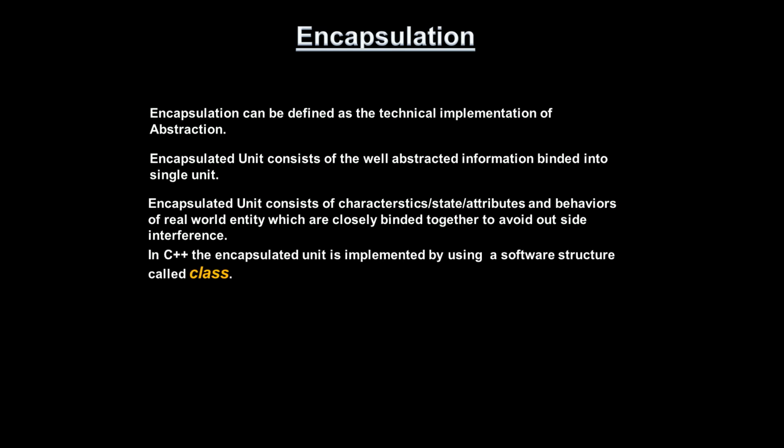Now, how can we implement this encapsulated unit in C++? I said encapsulation is the technical implementation of abstraction. In C++, we implement the encapsulated unit with a software structure known as a class, which is almost similar to a C++ structure.